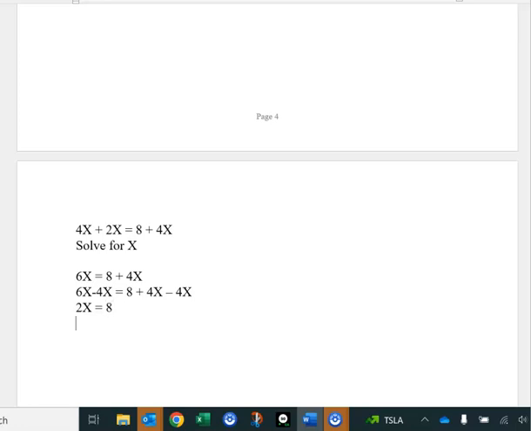Now, what we do to one side, we have to do to the other. We need to get rid of the 2 that's with the x. Because it's 2 times x, we need to divide it by 2. So 2x divided by 2 equals 8 divided by 2. Simplify that. x equals 4.